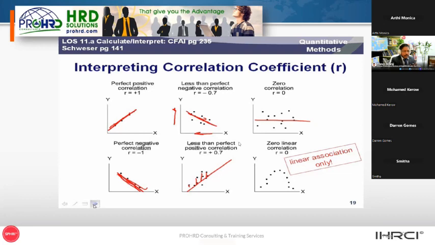Negative correlations can be, for example, the manager is nagging, micromanaging, nothing seems to be working out. The attrition rate will be affected, so it's negatively correlating. And then there is a zero correlation, for example, if there is no relationship between the two variables.